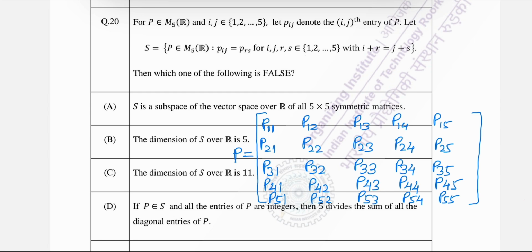Here you see S is a set of matrices, and you have to take the matrices from P, with two conditions.